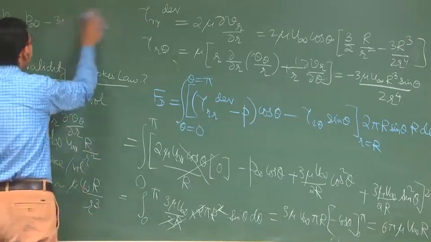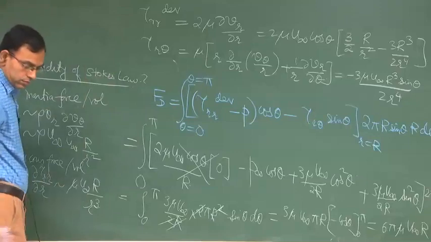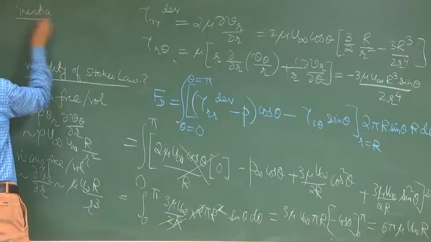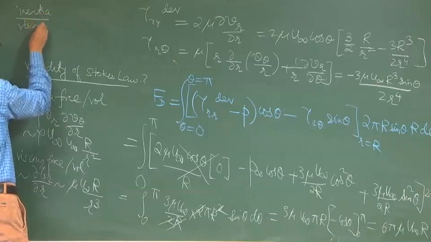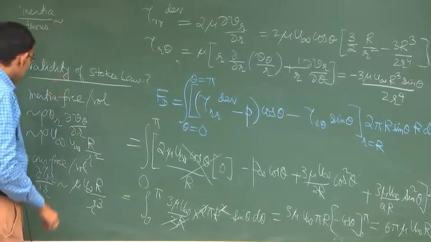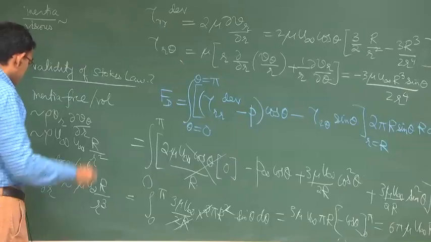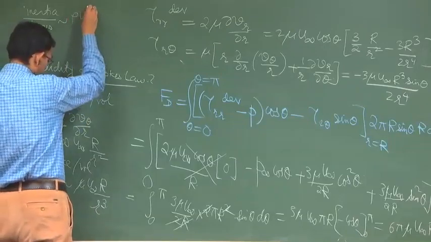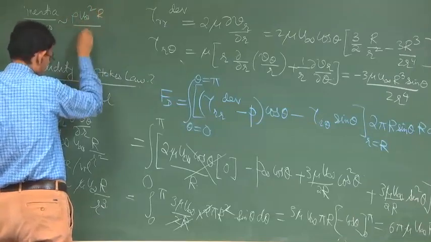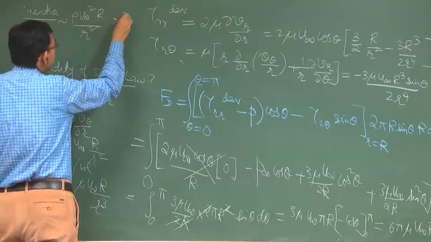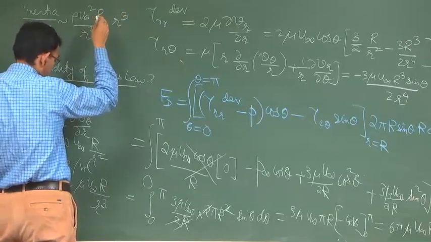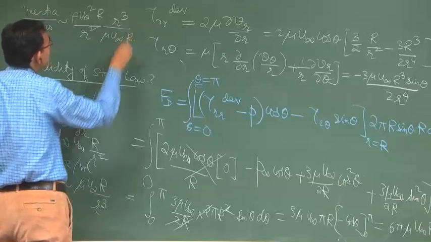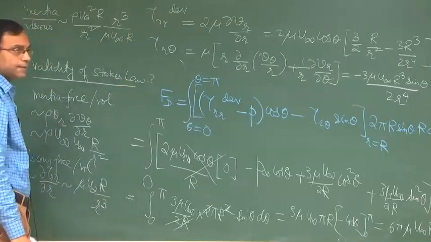So, inertia by viscous is of the order of rho u infinity square r by r square into r cube by mu u infinity r, right.